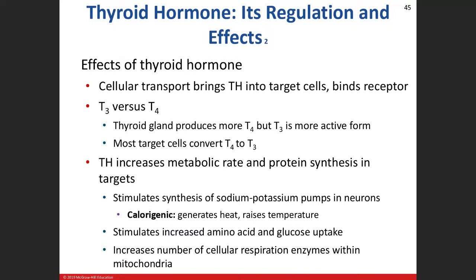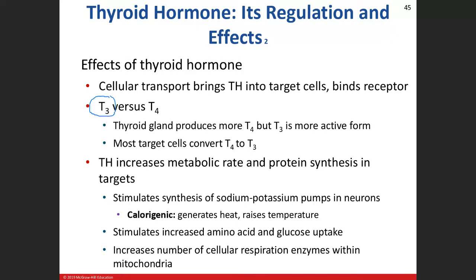All right. So here we're talking about thyroid hormone. Basically how it works is it circulates through your blood and it's going to then find a receptor, and there's pretty much receptors on pretty much all the cells in your body. And then what will happen is, in some situations, if it's the T3, it's the active form.